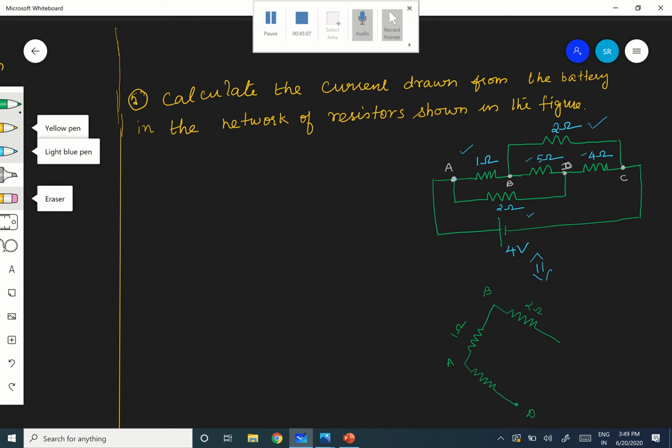And it is C now. Between D and C, that is 4 ohm. Correct? And between B and D, there is 5 ohm.